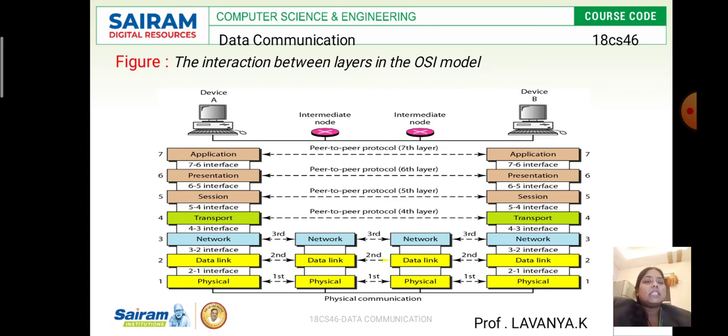Okay, then the fourth one: what is error control? Error control is a mechanism to easily identify damage of data, loss of data, as well as failure of data. This is error control. Then what is access control?